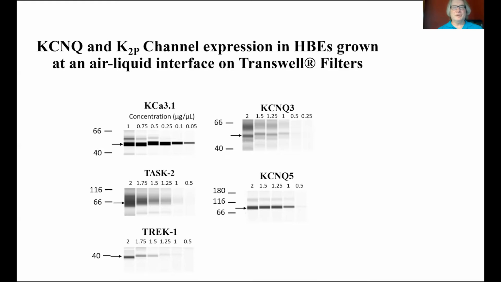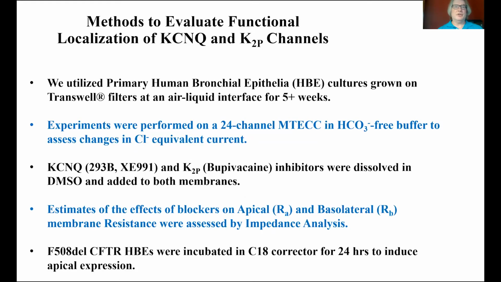The first thing we wanted to do then was to do some electrophysiology experiments. For those, we used the following methods. We used primary human bronchial epithelial cells, grown on Transwell filters at air-liquid interface for 5 or more weeks. Experiments were performed in a 24-channel TECC in bicarbonate-free buffer to assess changes in the equivalent chloride current.